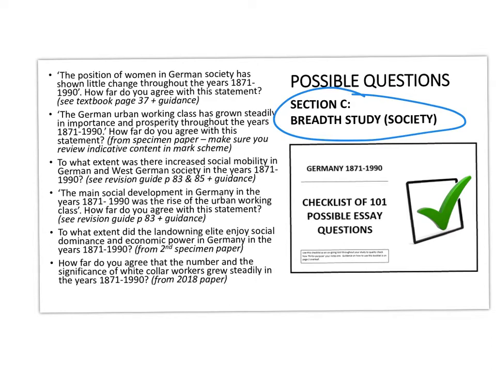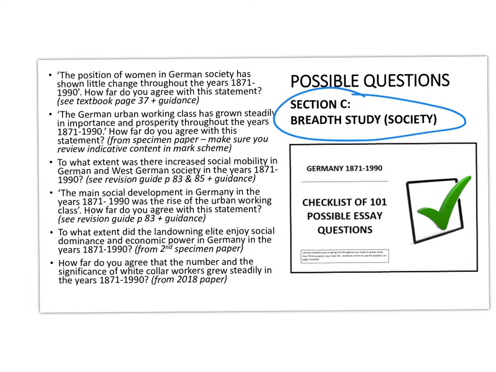Whichever one you choose, you've got to make sure you have breadth and cover the 120 years. So assuming there will be a question on society, you're going to have to be writing about society during the Nazi period, 1933 to 1945.